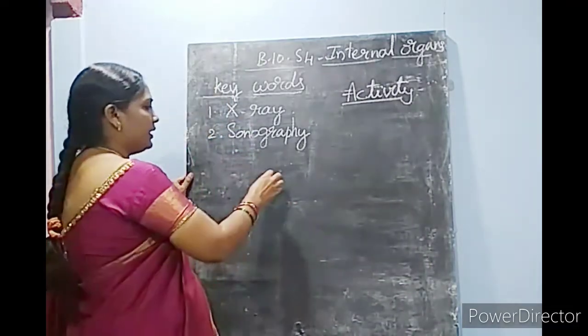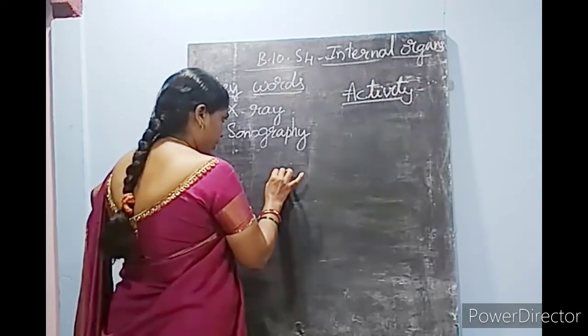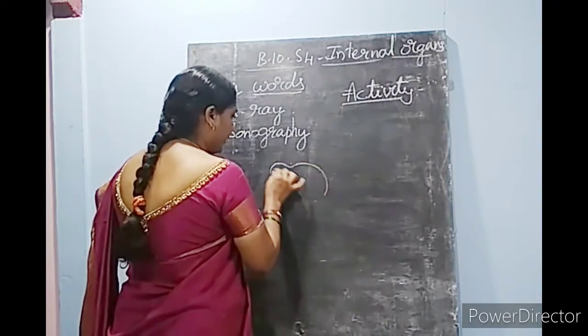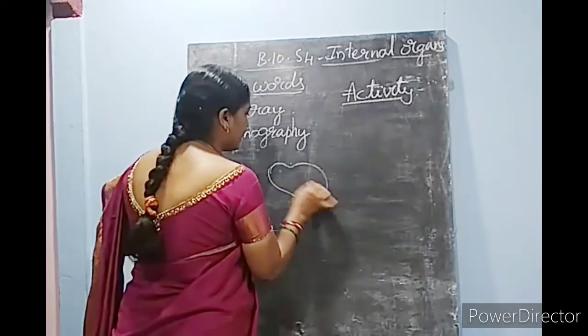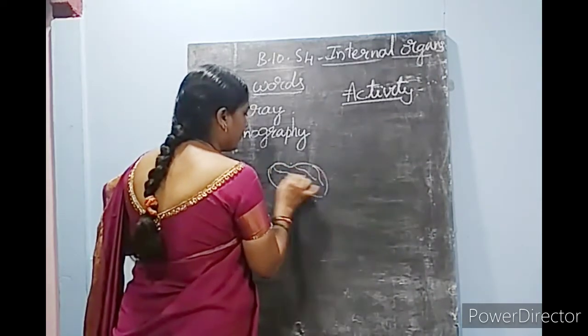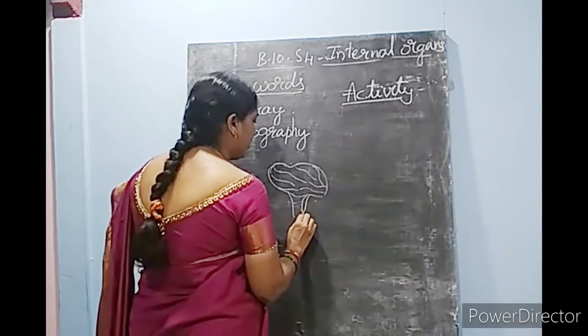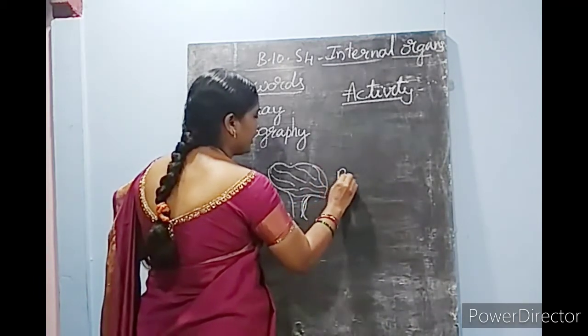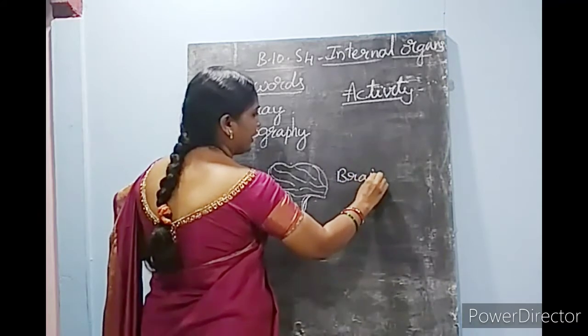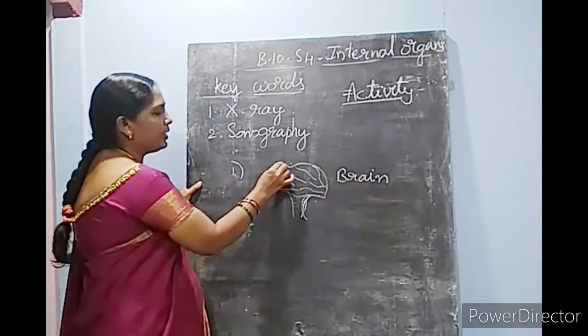Okay, so now we will see. You try to identify which organ this is. Which internal organ is it? So can you tell me which organ is this? Yes, you are right, it is the brain.